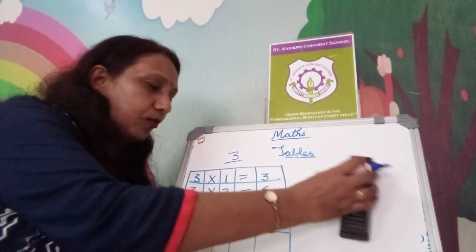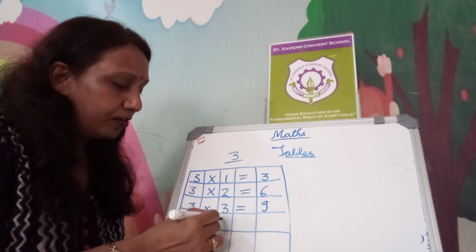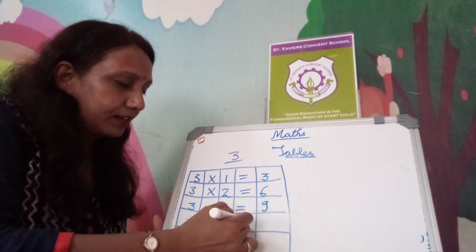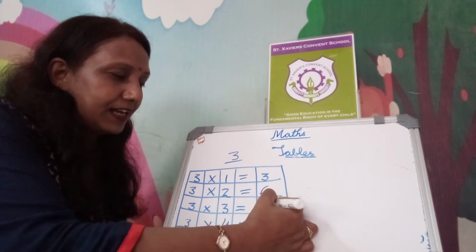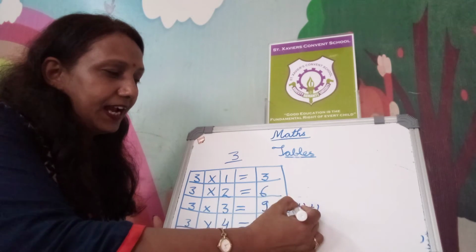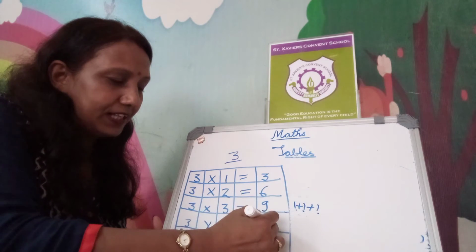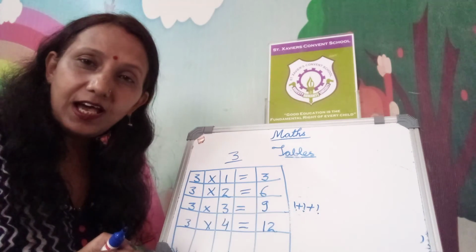Okay. Now 3 4s are. 3 4s are, what will be the answer? 9 is there at 3 digits. 9, 10, 11, 12. What will be the answer? 3 4s are 12.